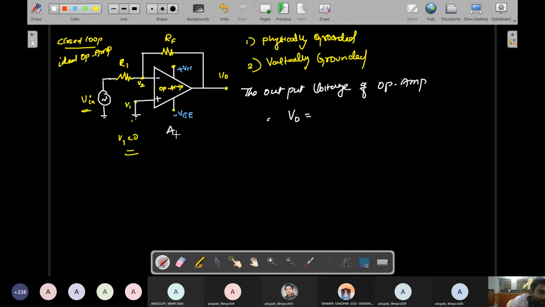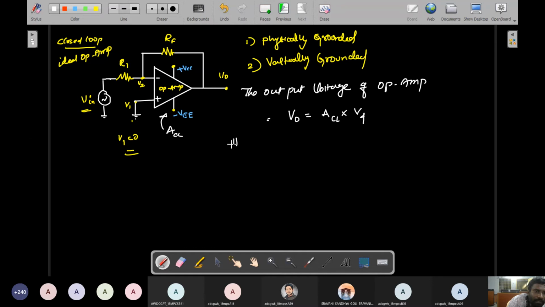The gain of this amplifier is the closed loop gain, because it is a closed loop, so we consider the gain in terms of closed loop, ACL. Therefore the output is ACL times the difference of the two inputs, which is called VD.